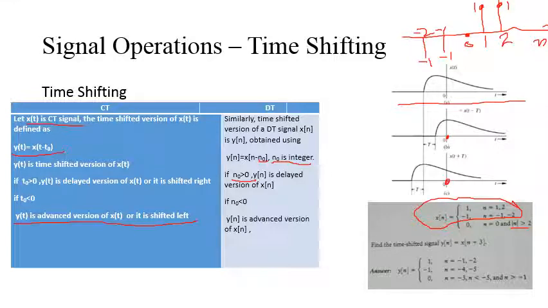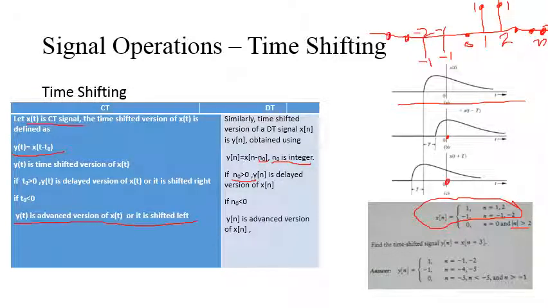And beyond this, the absolute value of n greater than 2, whether minus n or plus n, the signal has 0 value. So this is your signal.